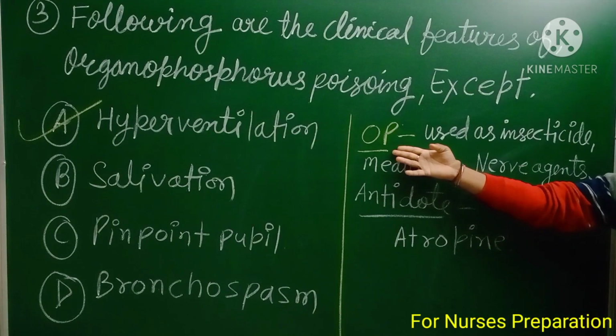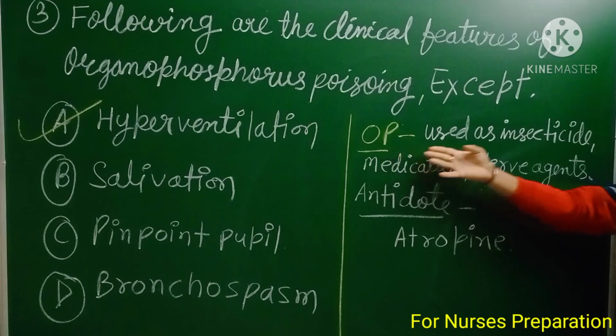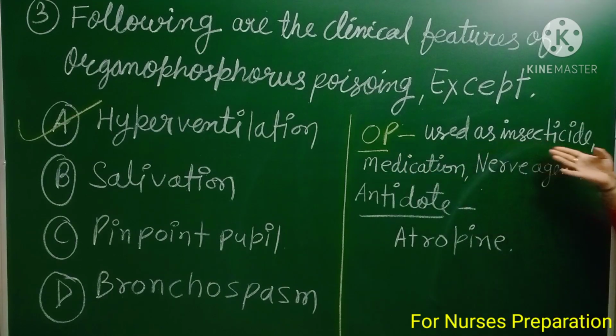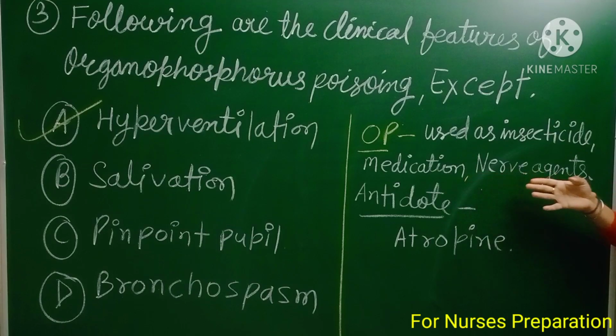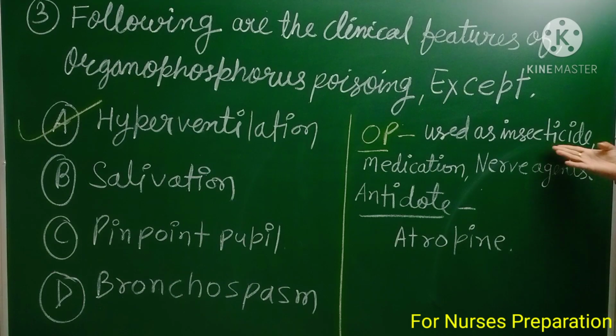Organophosphorus or organophosphate comes with insecticide. It is used in medication as a nerve agent. If someone asks what is the use of organophosphorus, you can say it is used mostly in farms to kill insects as an insecticide.